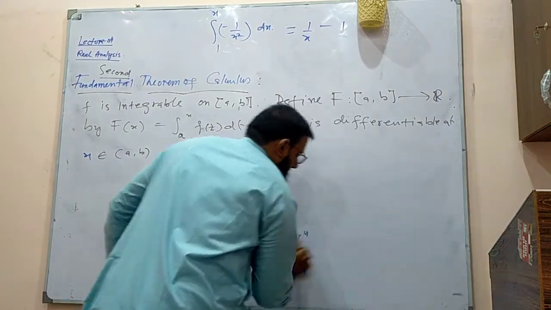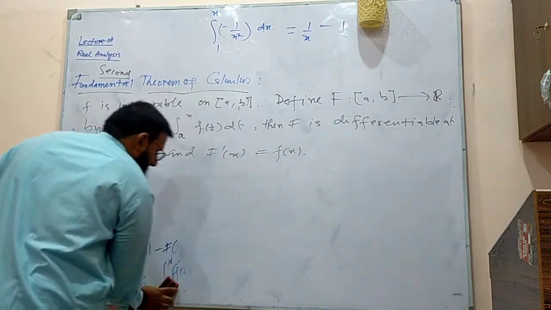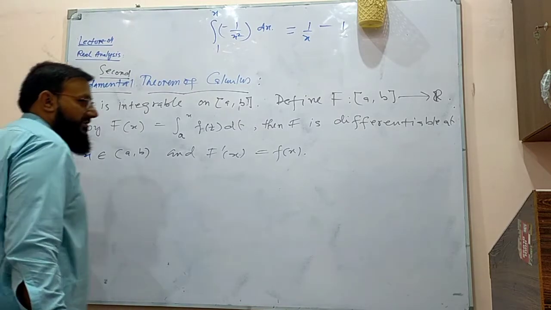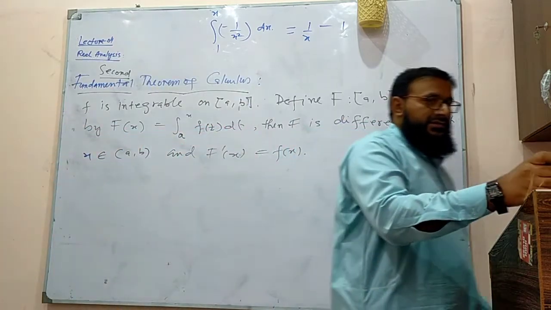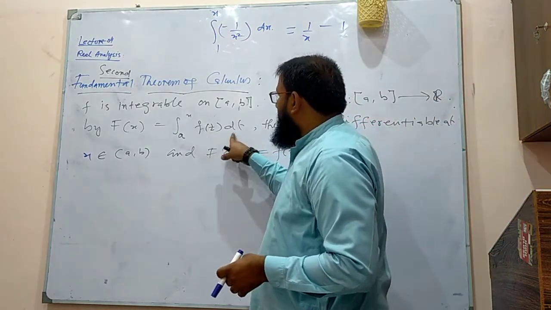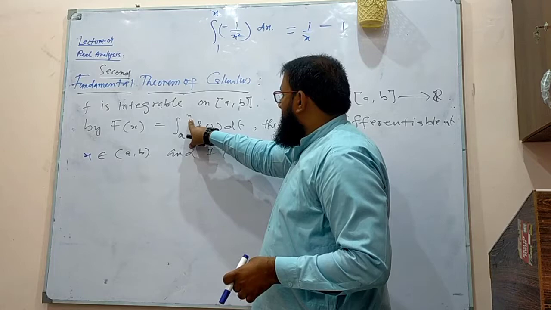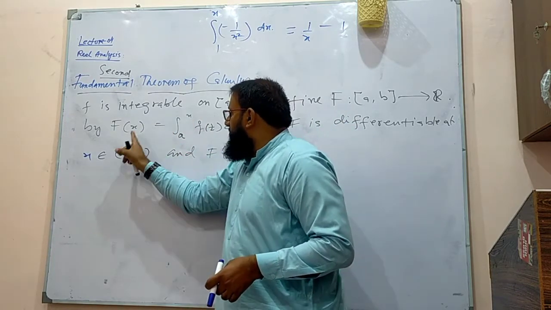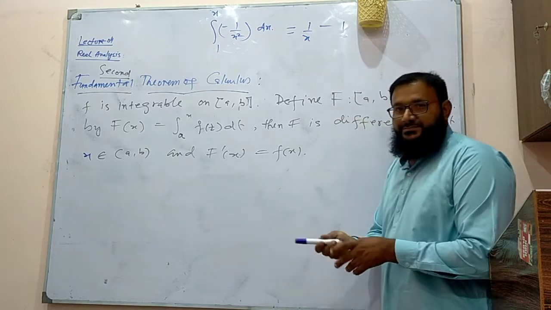So are you okay with this? Second fundamental theorem of calculus. This is, I think, the simpler form. There is also a general form of this one as well that you can see in calculus. That's very good. You have a function, you integrate from a to x, that is equal to some capital F of x. Then if you differentiate both sides, then you get this.